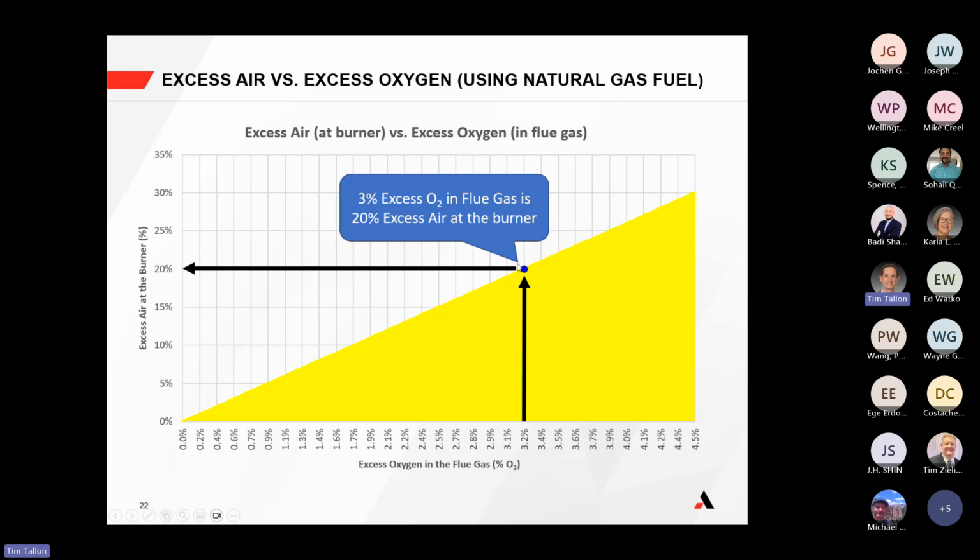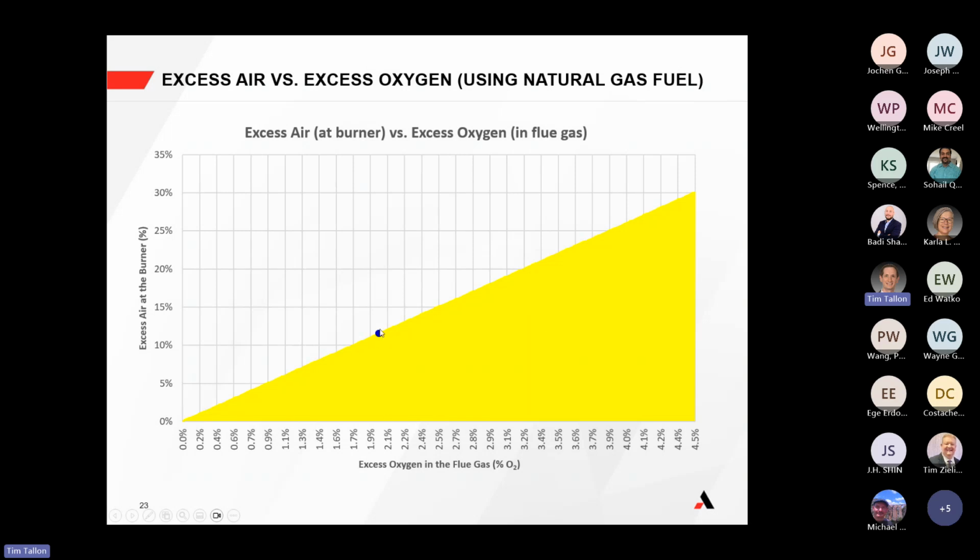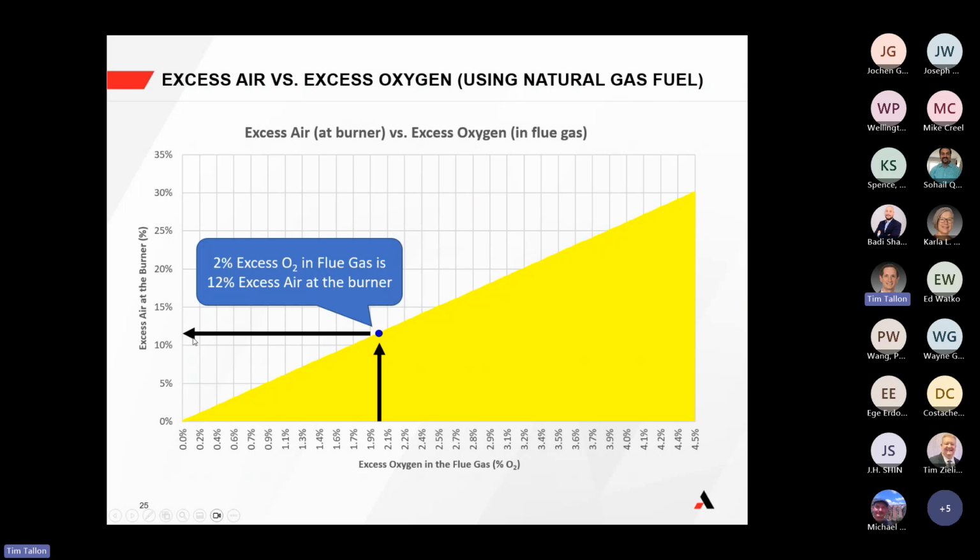So there is a direct correlation, and these are calculations I've made, and they're pretty stable across different fuels. So 3% excess oxygen for any flue gas is generally going to be about 20% excess air. When it comes to, say, even 2% excess oxygen in the flue gas, we should expect that to be around 12% excess air at the burner.